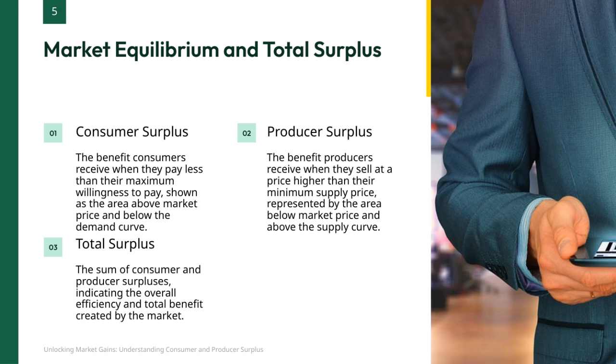This corresponds to the area below the market price and above the supply curve. Finally, total surplus is the combined sum of both consumer and producer surpluses. This total reflects the overall efficiency and the total benefit generated by the market. This image of a businessman with a tablet underscores the practical, real-world application of these concepts in modern business environments.